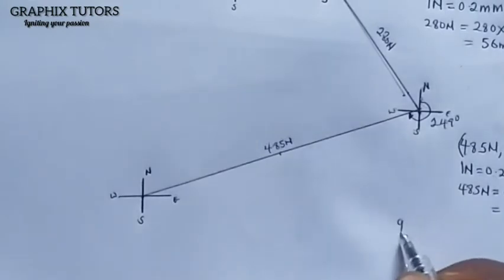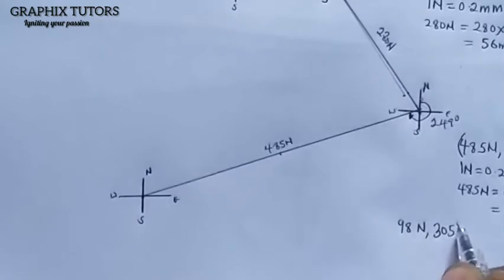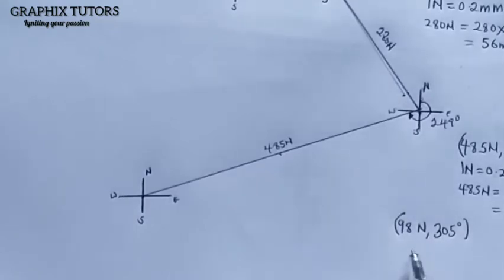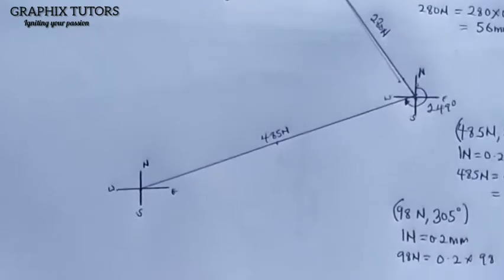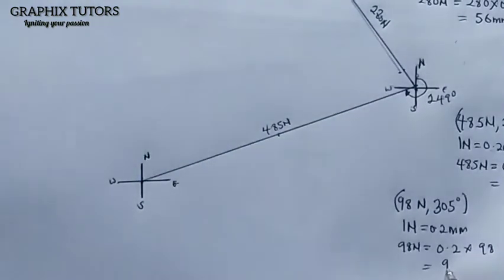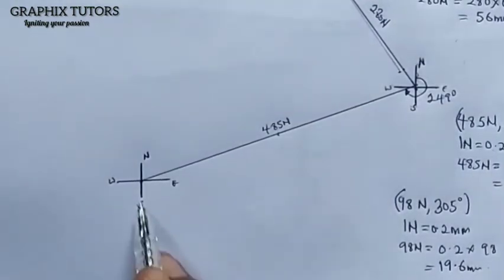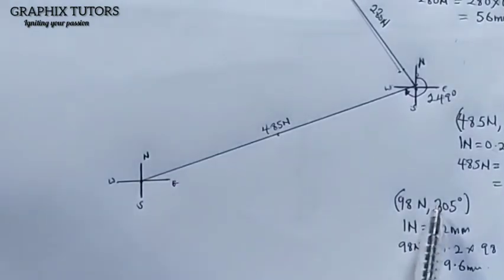If I say 1 Newton is equal to 0.2 millimeter, then 98 Newton is equal to what? 0.2 multiplied by 98 will be 19.6 millimeter, right?